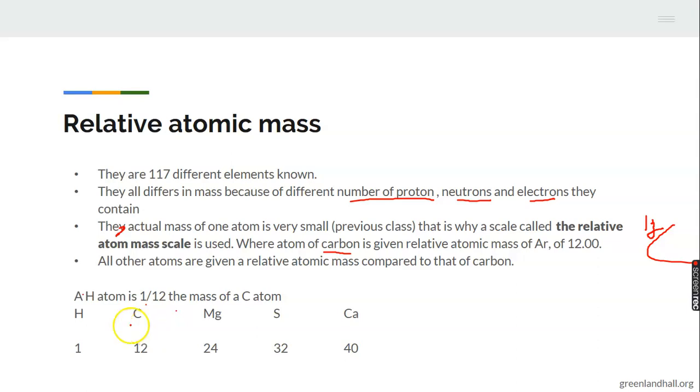Since carbon is 12, hydrogen is 1, so it's like 1/12 of carbon. And if you look to the right-hand side, we have magnesium to be 24, and that's twice the mass of carbon. Same thing with sulfur, which is 32, and calcium, which is 40.